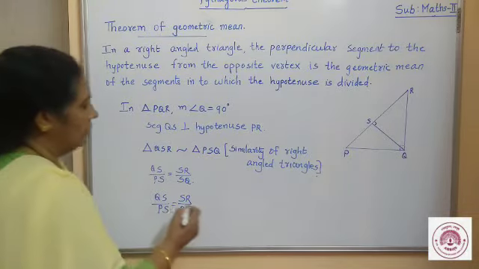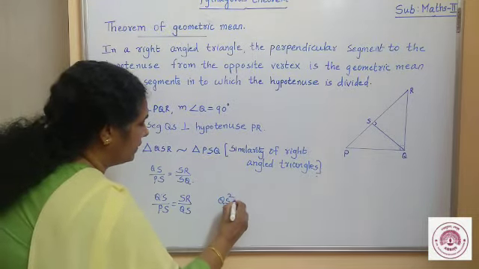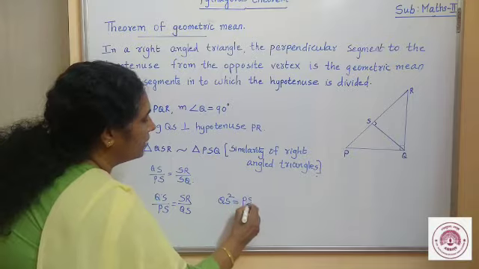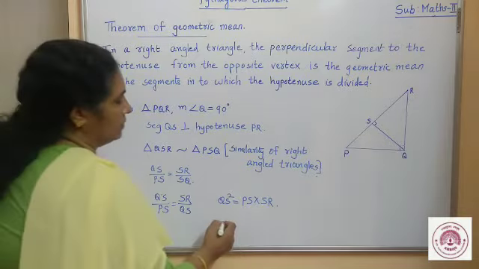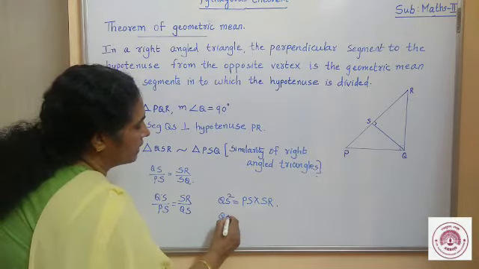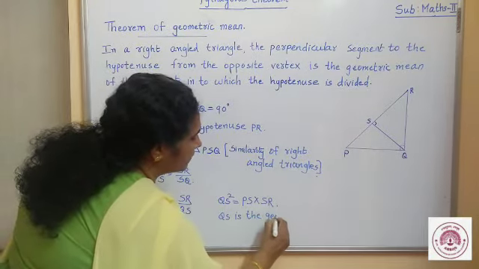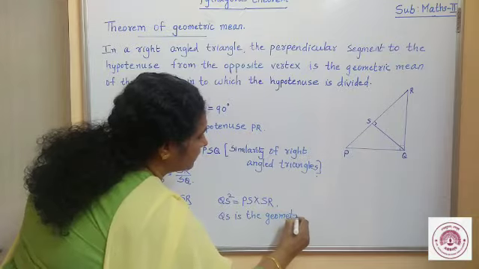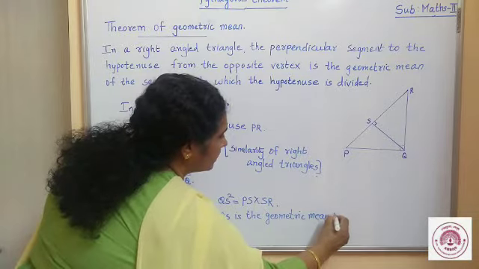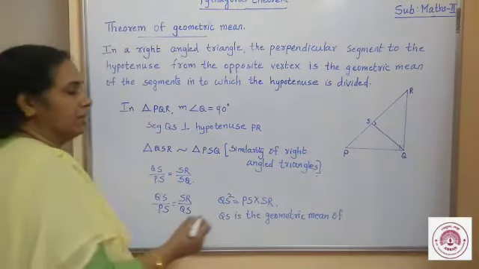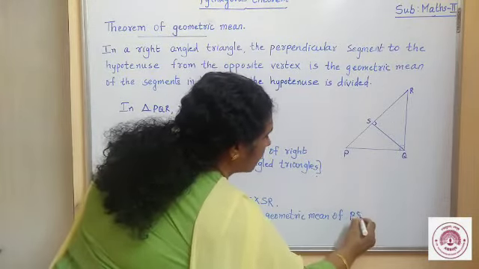Then cross multiplying, QS into QS, that is QS square, is equal to PS into SR. So therefore we can say QS is the geometric mean of PS and SR.